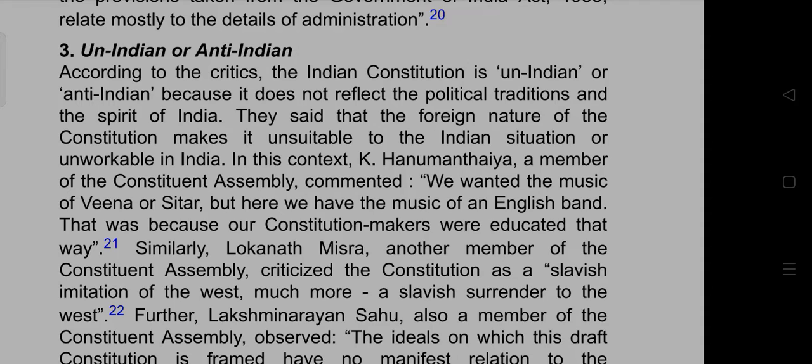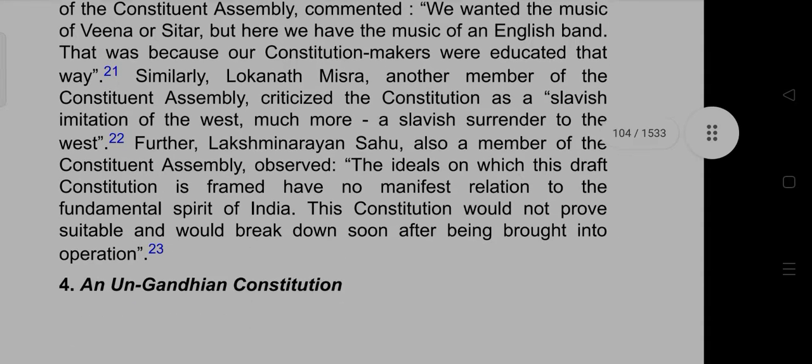In this context, K. Hanumanthaiya, a member of the Constituent Assembly, commented, "We wanted the music of Veena or sitar, but here we have the music of an English band. That was because our constitution makers were educated that way."